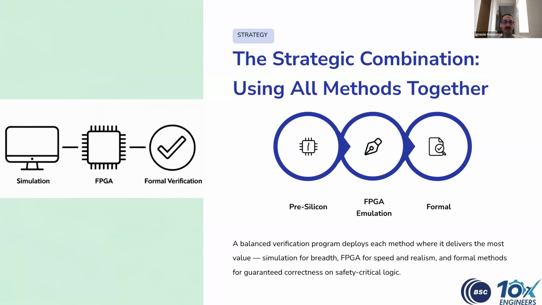Together, they are stronger than any of them alone, and a strategic combination covers the weakness of each of these with the strengths of the others. So we need to apply them where they deliver the most value and combine the three of them.